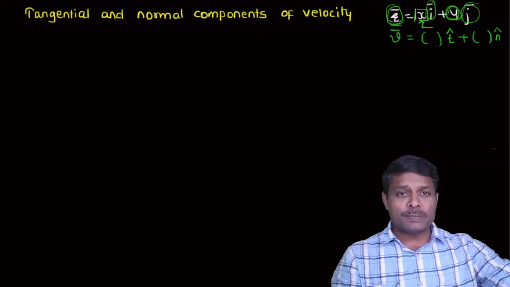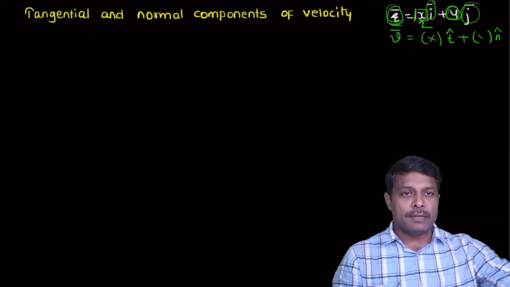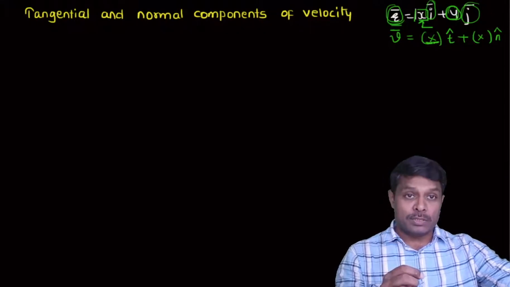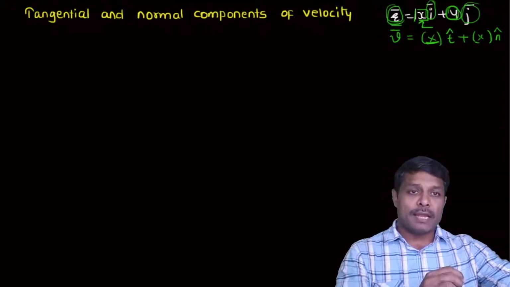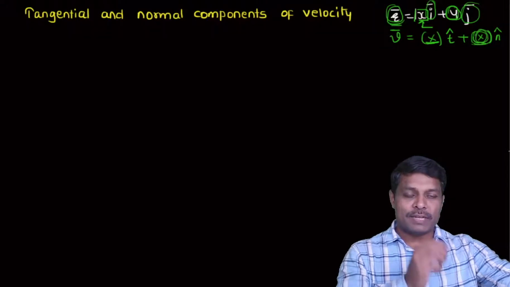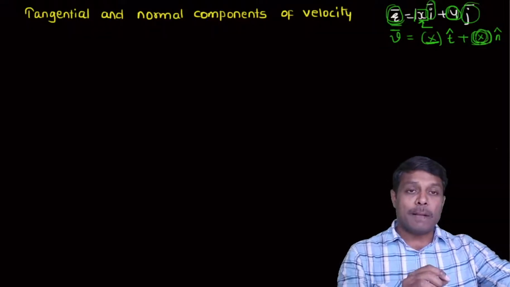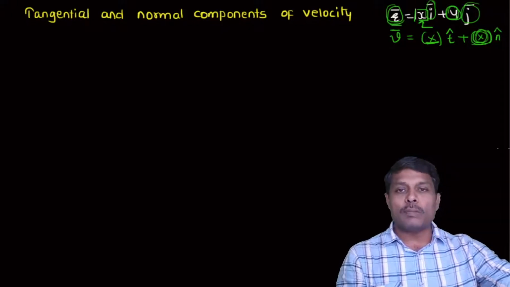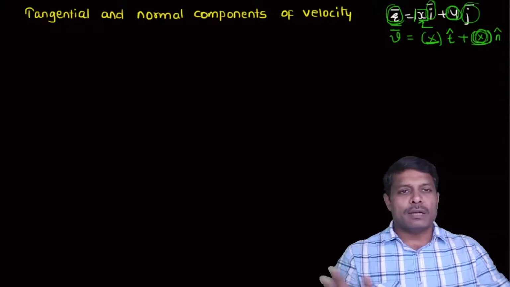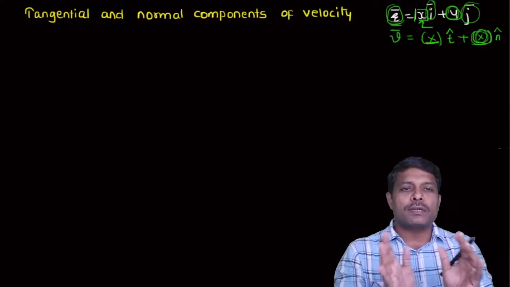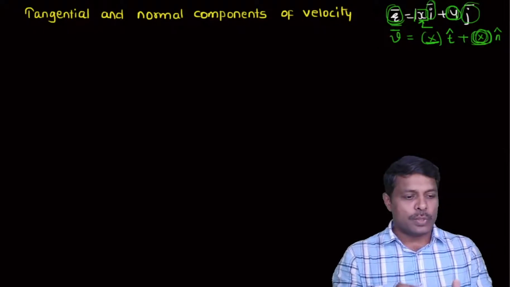So whatever expression I get here is a component of velocity along the tangent, called the tangential component, and whatever I get here is a component of velocity along the normal, called the normal component of the velocity. So this is the short background of this question.